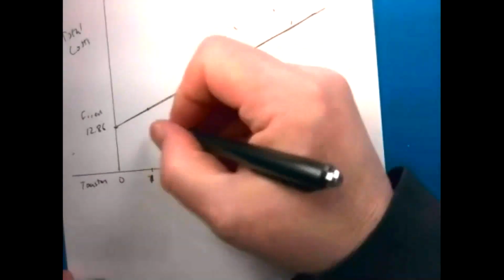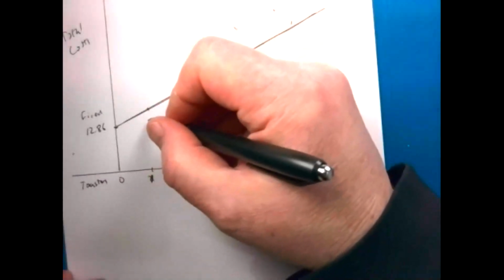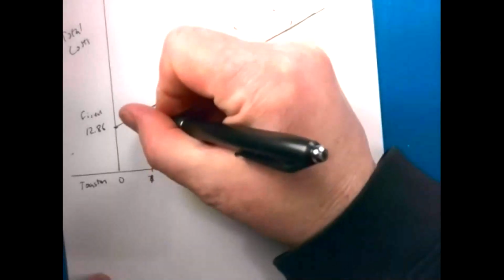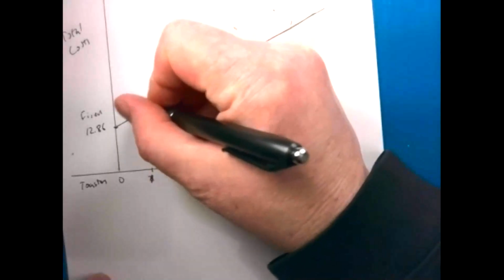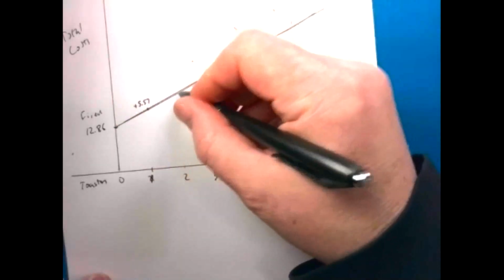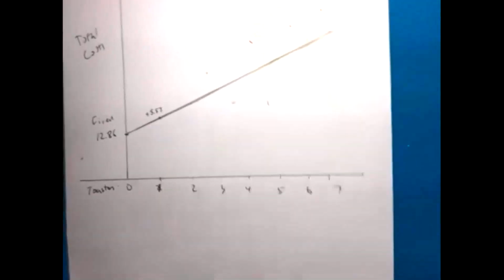And every item we would add 5.57. So every time we add one, you'd expect the cost to go up by that.